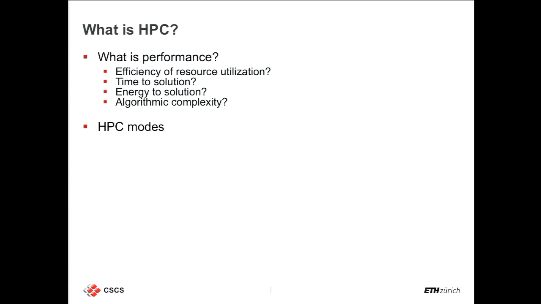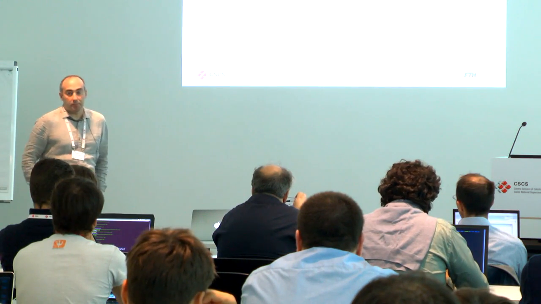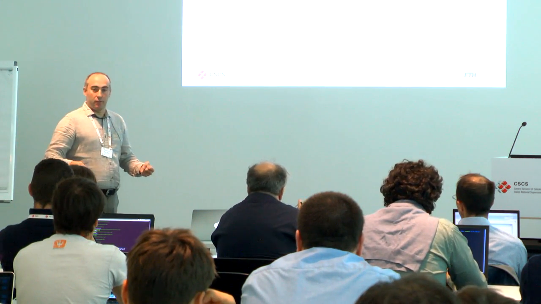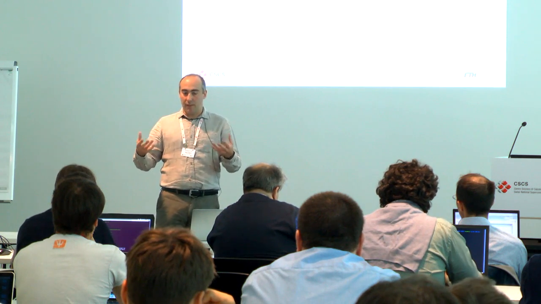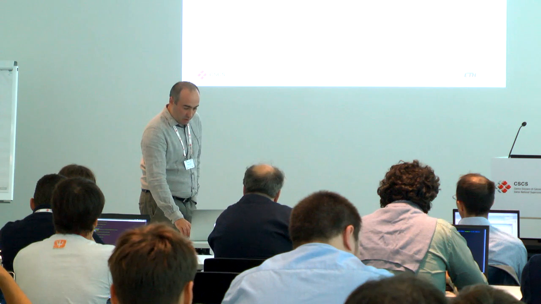In HPC, I would say there are two major modes. I call them the HPC modes. One is the research codes approach, or codes that are developed in a short time and they have to produce certain values, but they're not necessarily the output of the code itself.